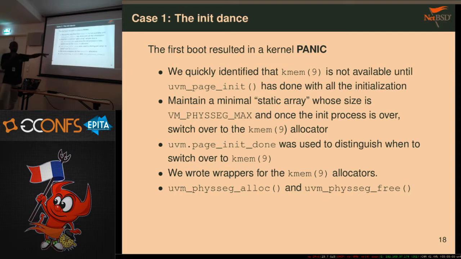We used the same kind of approach. So we had a callback function that would get initialized at boot time, which did the static allocation for boot time RAM. And then once we figured out that page init was done and KMM alloc could work, we'd switch the allocators to the regular kernel memory allocator.